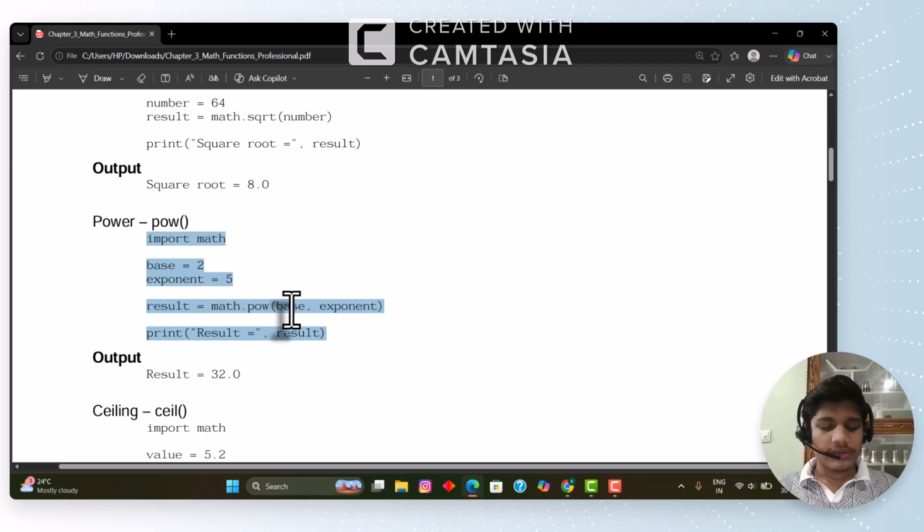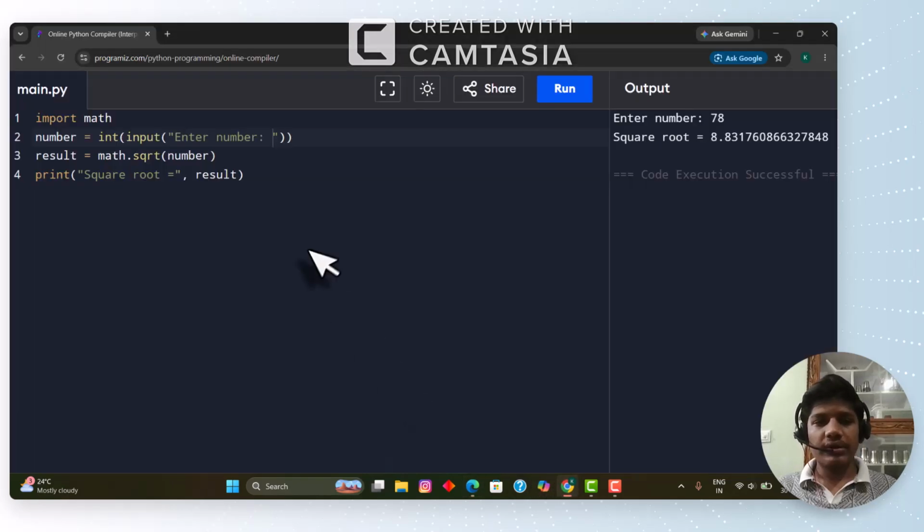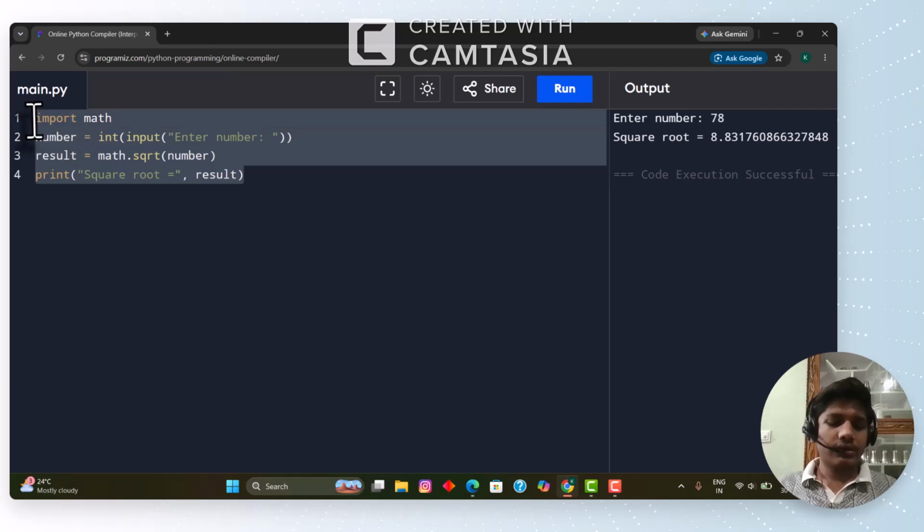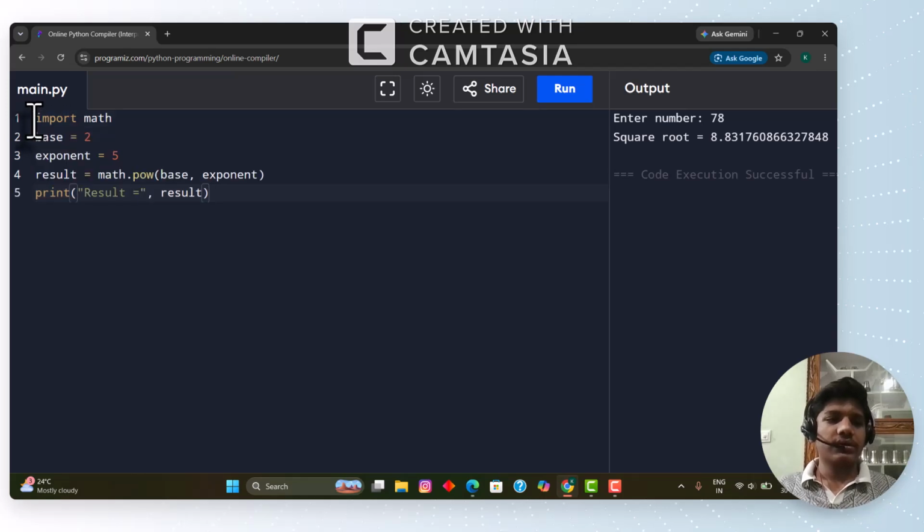When we go with power, you have to give two arguments, because power means we need two arguments: one is the base and one is the exponent. But in square root, one number is enough, because the other is the root, which means 1 by 2. So there is no need to give the root again, and we give only one number.